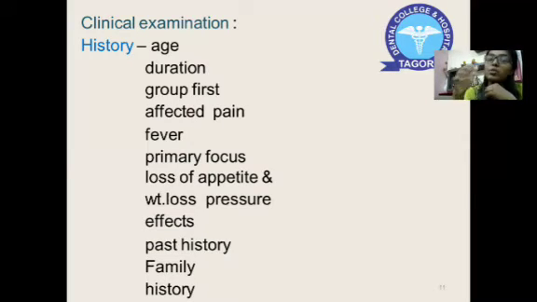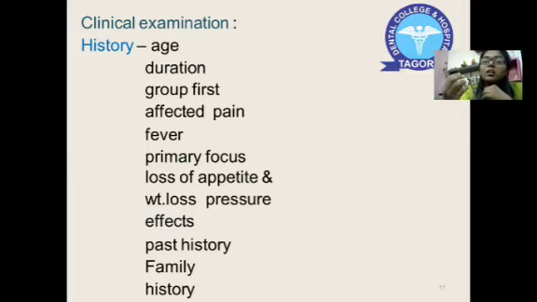And then the primary focus of infection. Whenever the lymph node is enlarged, it is advisable to look for the primary focus of drainage. And this should be done in acute and chronic septic lymphadenitis, if we are opting for incision and drainage.